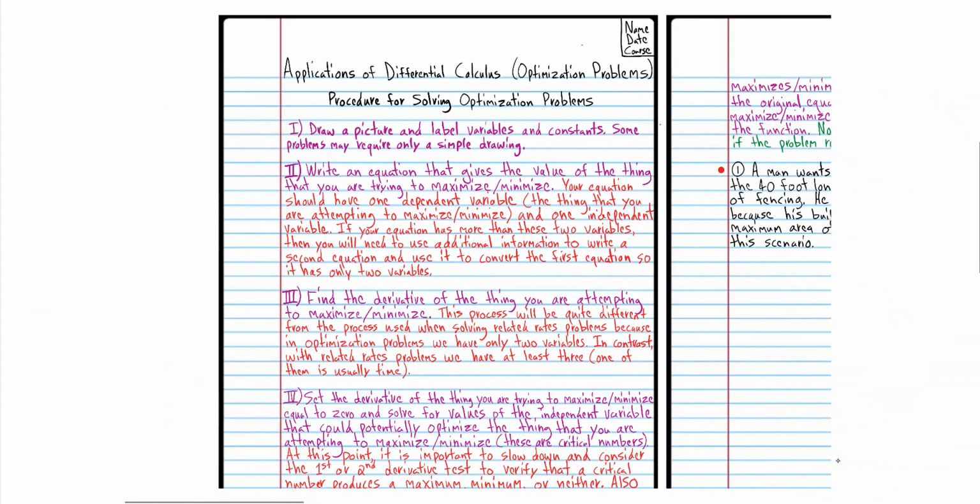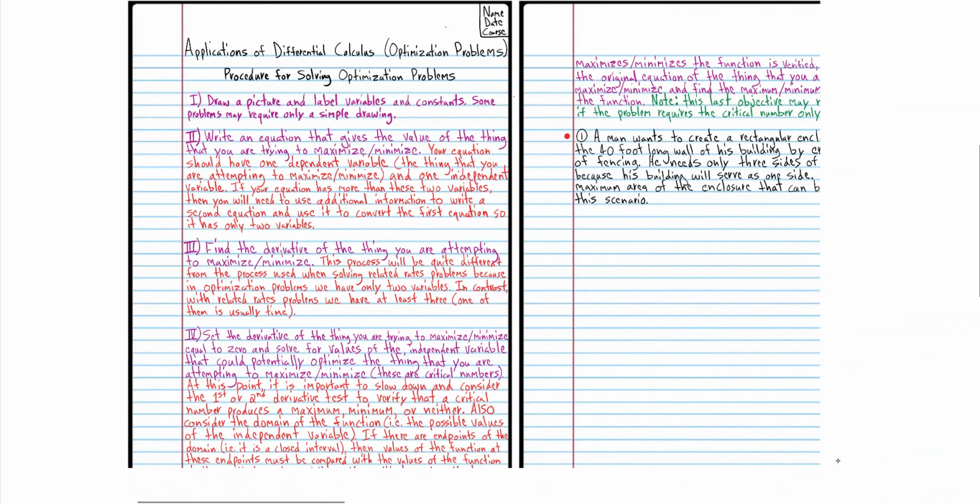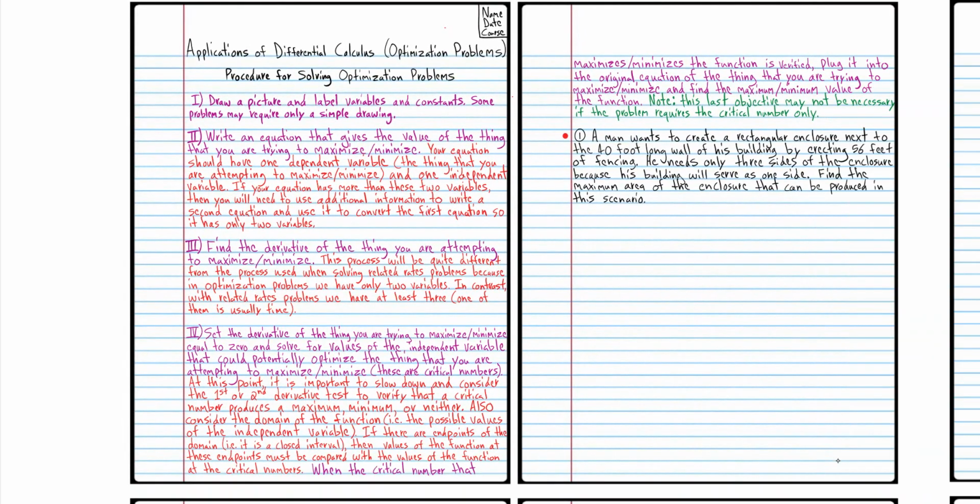So here is the procedure for solving optimization problems. Like the procedure for related rates problems, there are 4 steps. And the most important thing that I can tell you today is that you need to stick with these 4 steps.